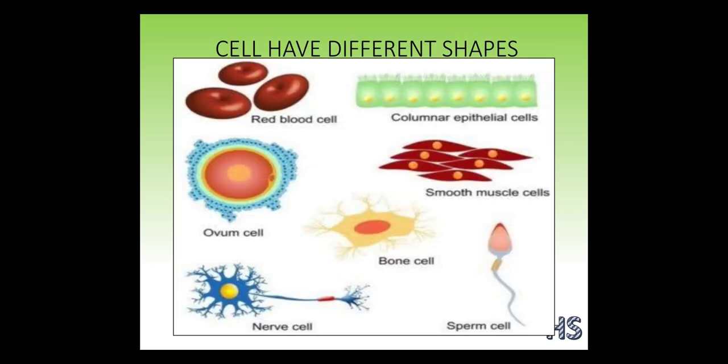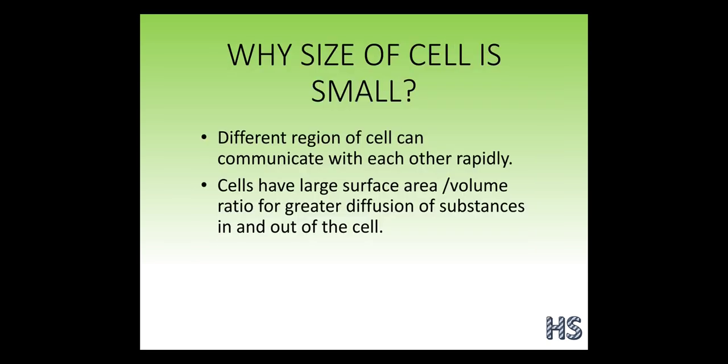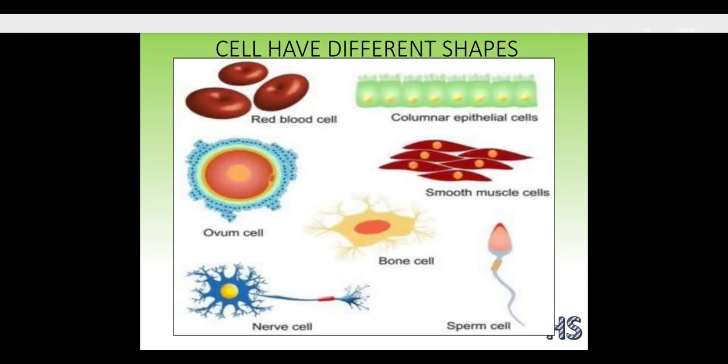Now as we said, why are the shapes different? The shapes of the cells are different because it helps to create their identity. We can easily distinguish between a frog and an elephant. Why? The reason behind this is the shape of the cells.